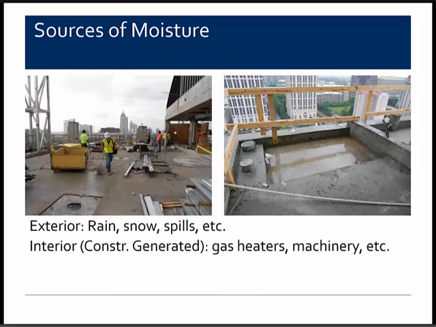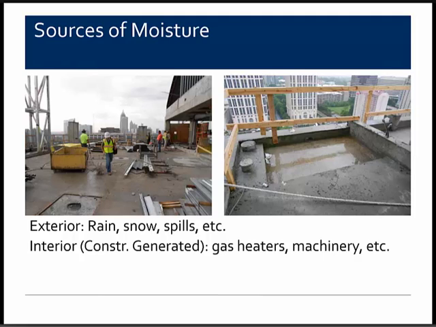Another source of moisture is, of course, precipitation, whether it's rain, snow, spills, etc., anything from the exterior. You also have construction-generated moisture from gas heaters, machinery, etc. The concrete deck may be dry when the contractor is installing the materials and they want to close the roof so that they can continue construction on the interior.